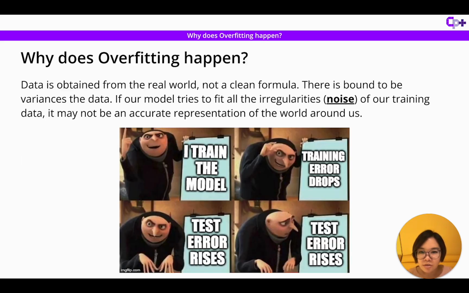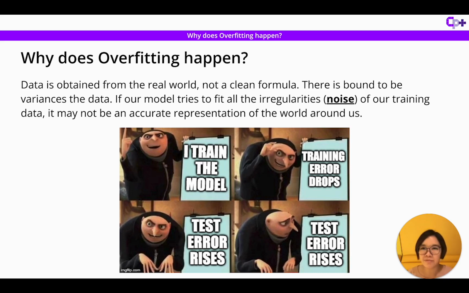So this is usually what happens when you have overfitted. When you train a model, obviously the training error should drop, because your computer is learning how to get the answers more reliably. Then when you test your model on new data, the test error suddenly rises. That's unexpected. It should drop, because you want your model to do better at predicting.